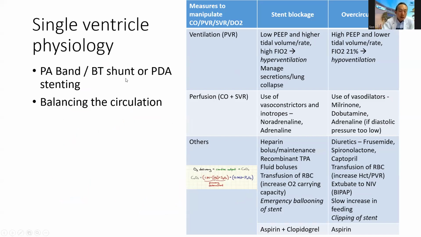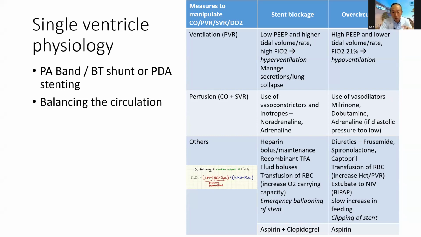Single ventricle is something fairly complex, and there are many stages to managing a single ventricle patient. Basically, in the cardiology aspect, any heart that is unable to maintain two, left and right side circulation, is considered single ventricle.